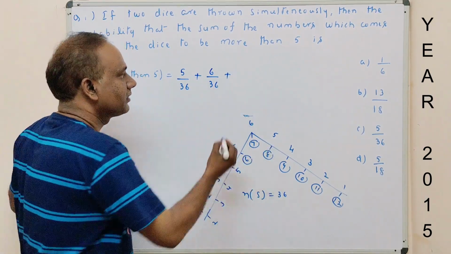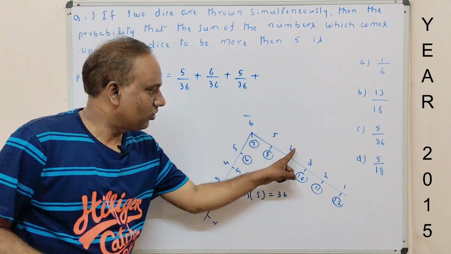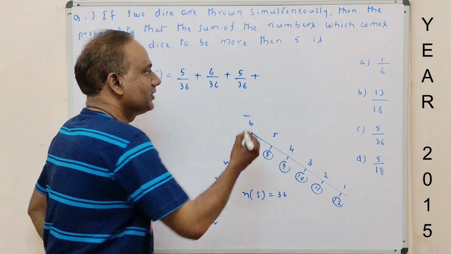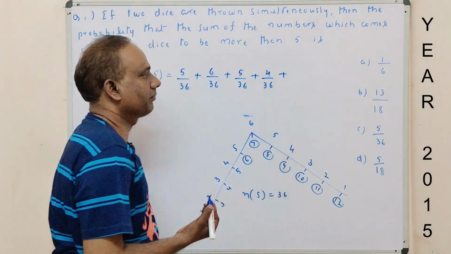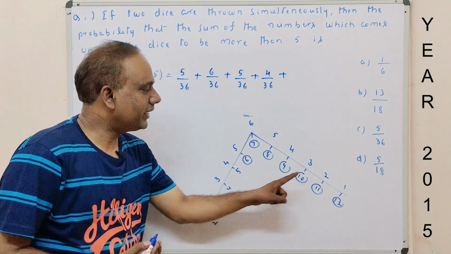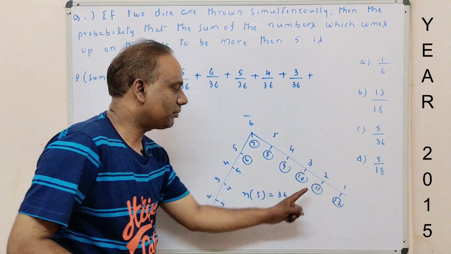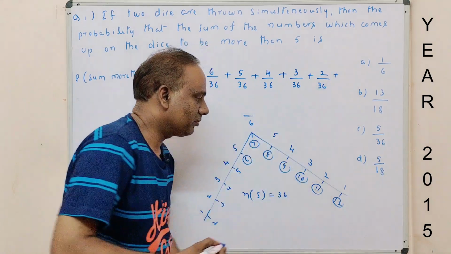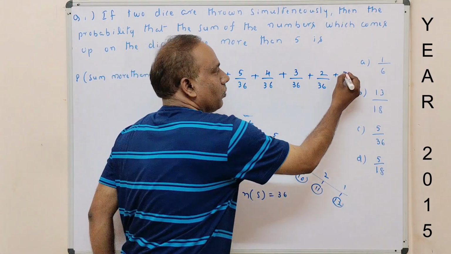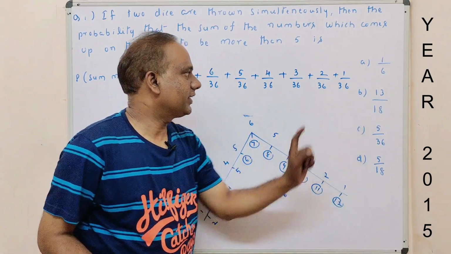Sum 8 is 5 by 36. Next, sum 9, next sum 10, and sum 11 is 2 by 36, and sum 12 is 1 by 36.